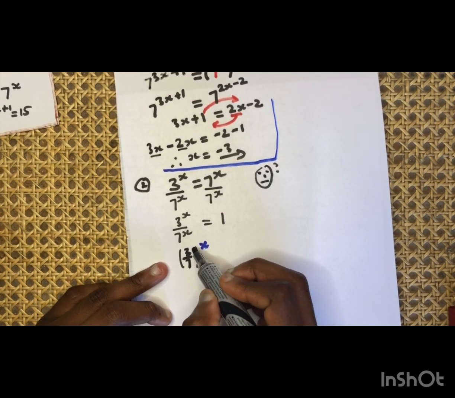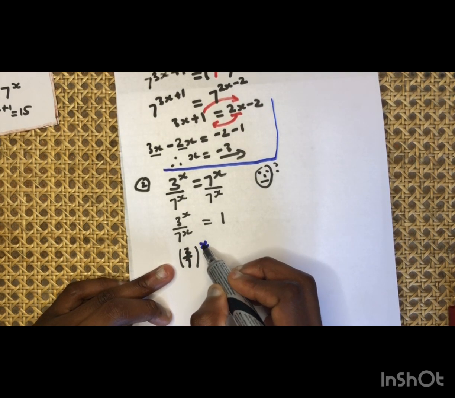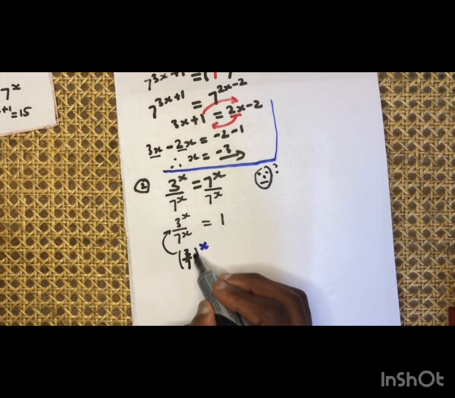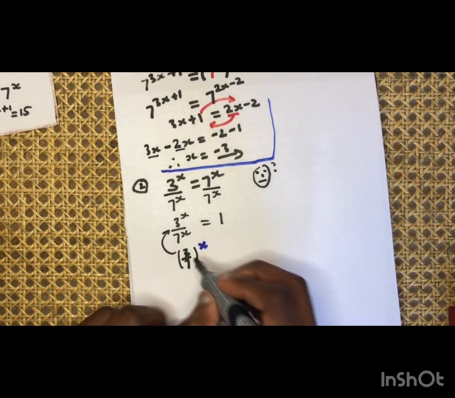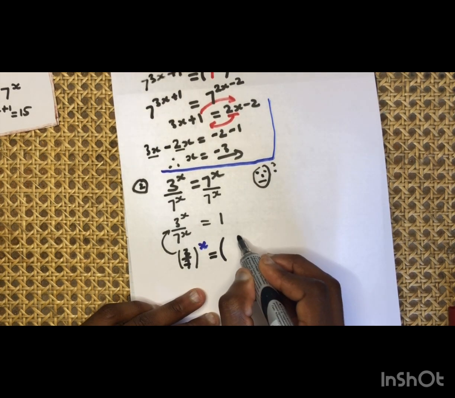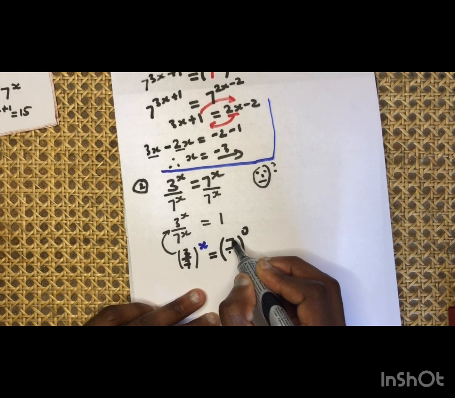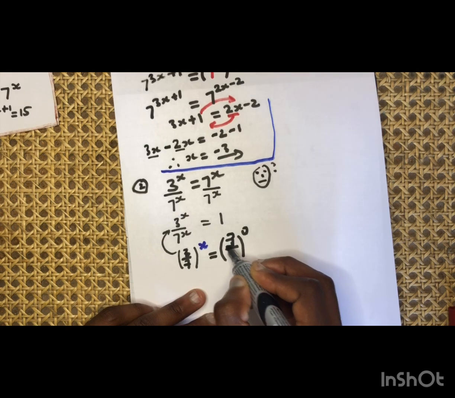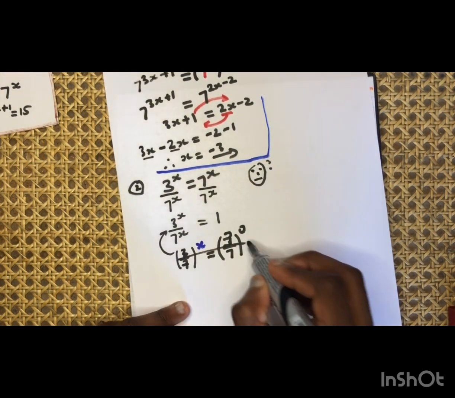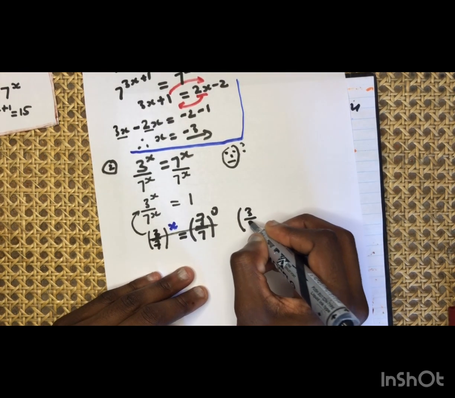So 3 over 7 in brackets to the power x is the same as this, because this x tells me that I'm going to multiply every exponent inside. Now we have 1. I'm going to set this 1 to be power 0, and say 3 over 7. Okay, let's write it here. We said that I'm going to take the exponent outside.